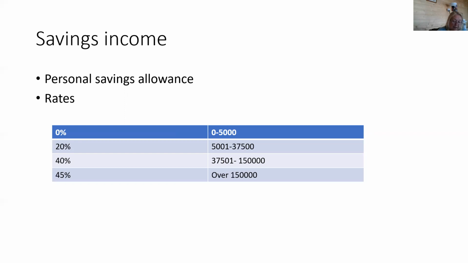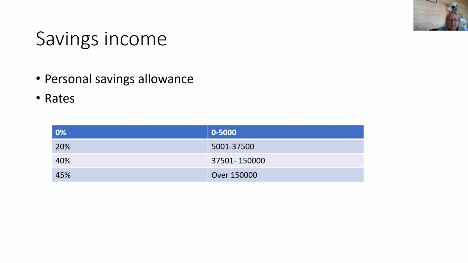If your taxable non-savings, non-dividend income plus your personal savings allowance is more than 5,000 but less than 37,500, then the remaining taxable savings income below 37,500 will be taxed at the savings basic rate, and any remaining savings income over 37,500 is taxed at the higher rate, or ultimately the additional rate over 150,000.